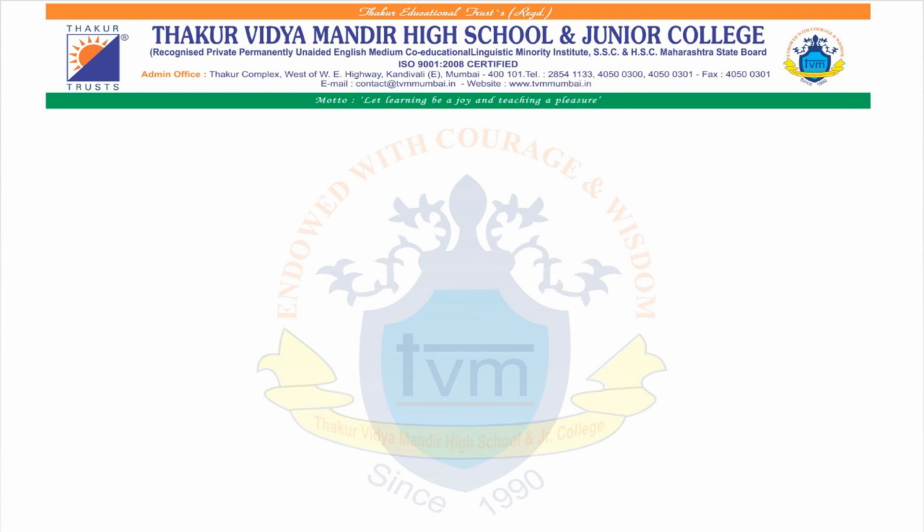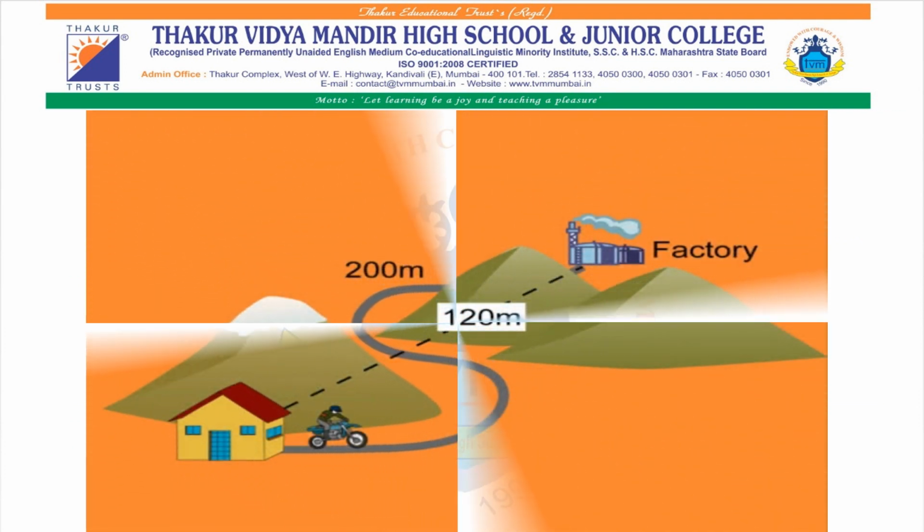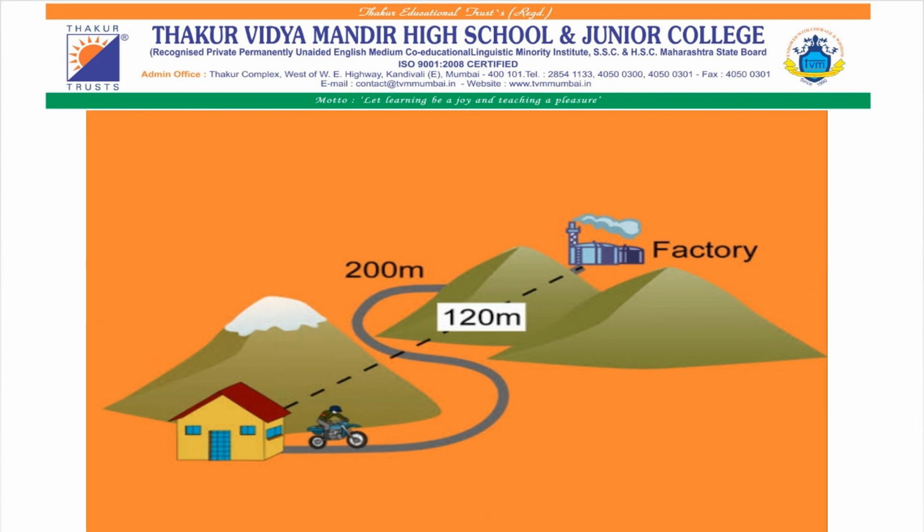So in this figure, a person travels 200 meters to reach his factory using a bike. So this path covered is known as distance. Whereas with the dotted lines, we can see that the shortest distance between the factory and his house is only 120 meters.